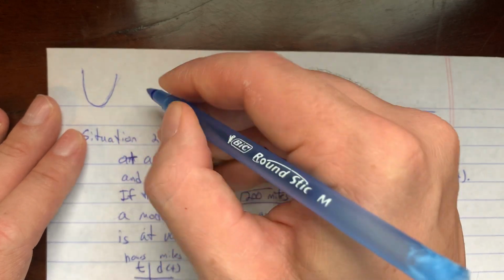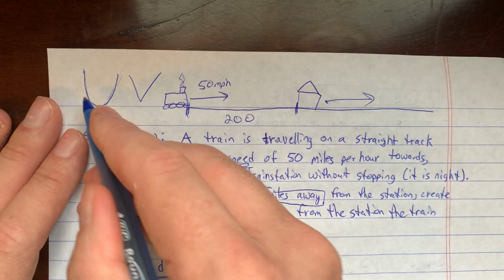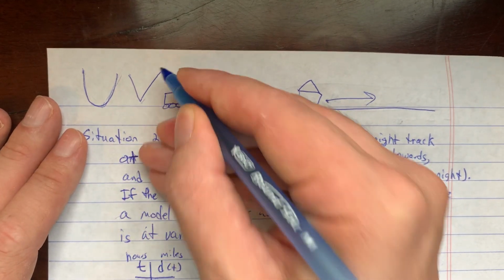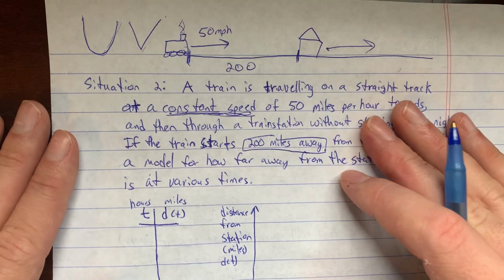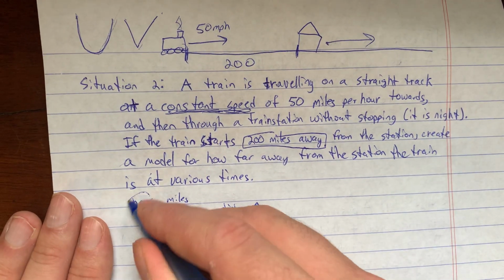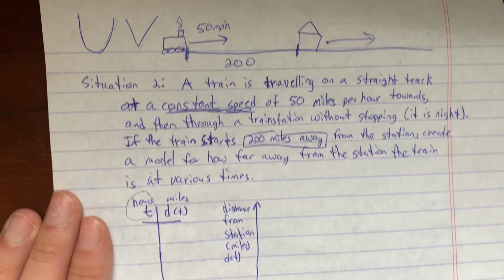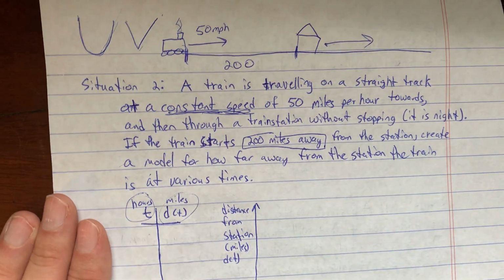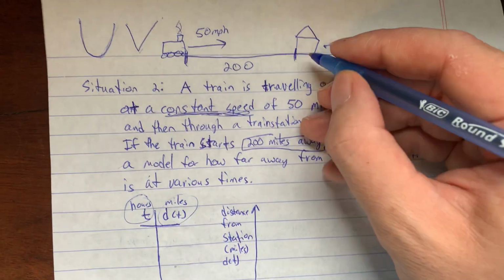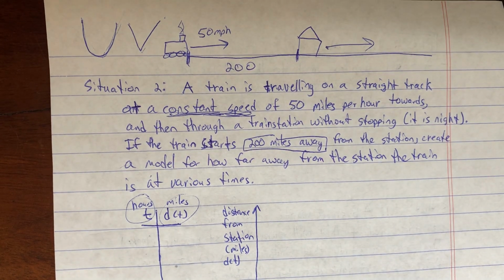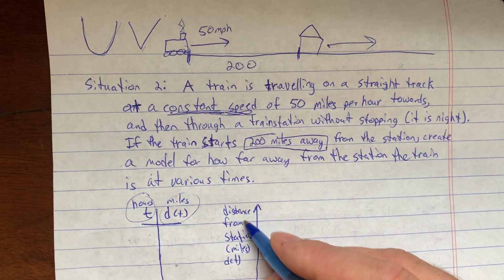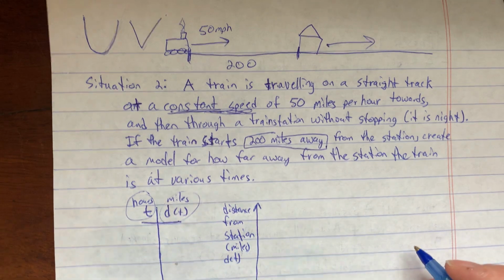So again, maybe it's quadratic, or maybe it's some sort of absolute value where the distance is getting smaller and then larger again. And I've made a table here. I've labeled how many hours the train has been traveling and the distance away from the train station in miles. I've also made a graph here, distance away from the train station in miles and the time spent traveling.